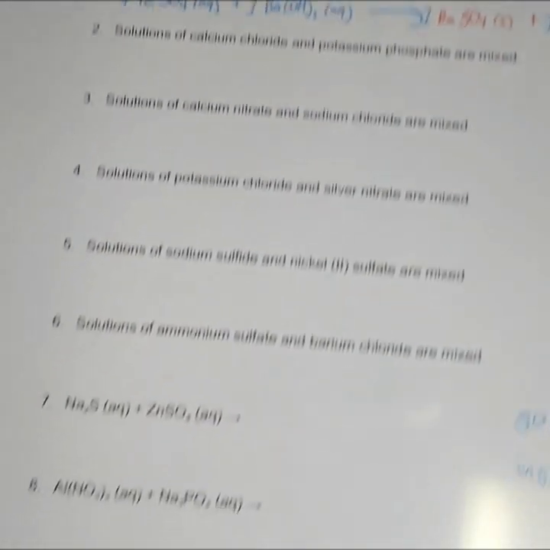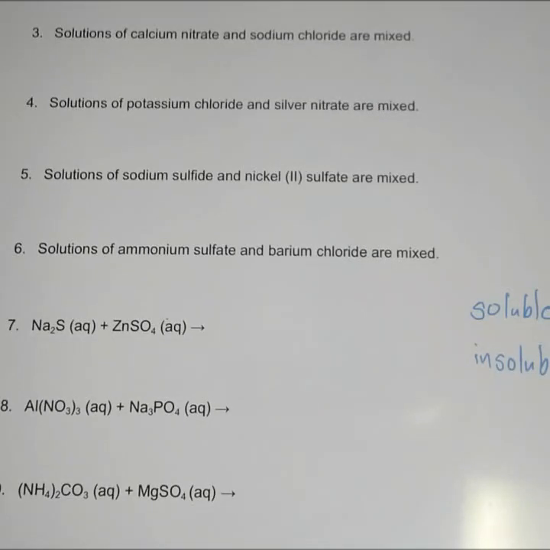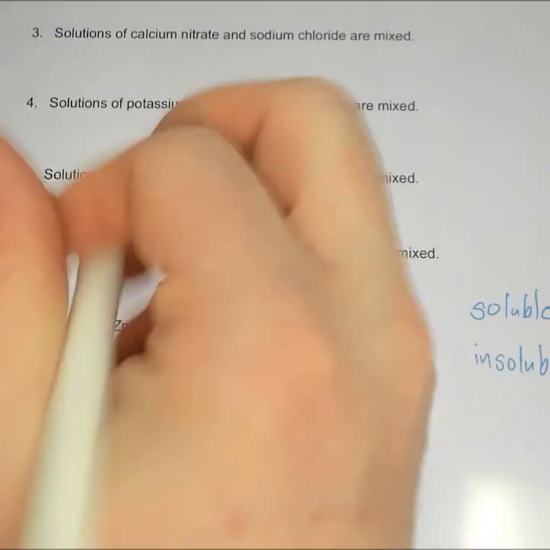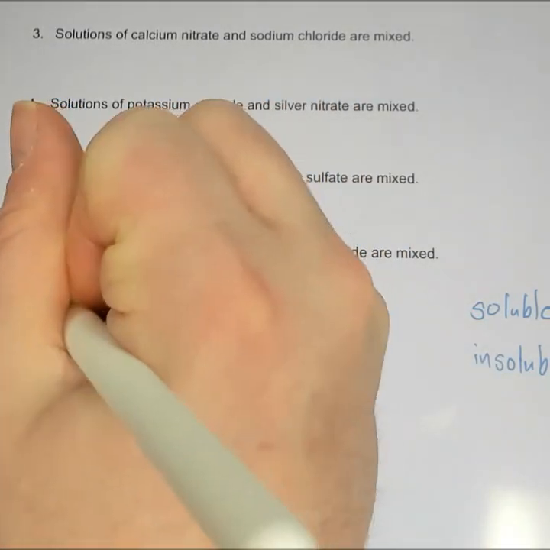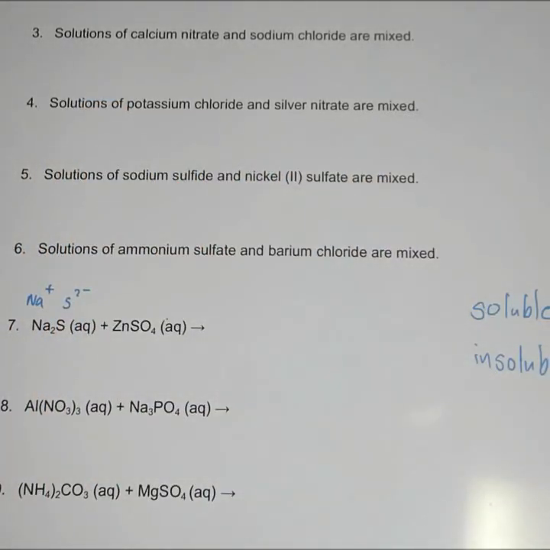So I'm going to jump ahead to one of these down below. I have Na2S plus ZnSO4. Again, I always like to start off by writing your charges down. So I have Na+, which I found on the periodic table. I have S2-, again found on the periodic table.